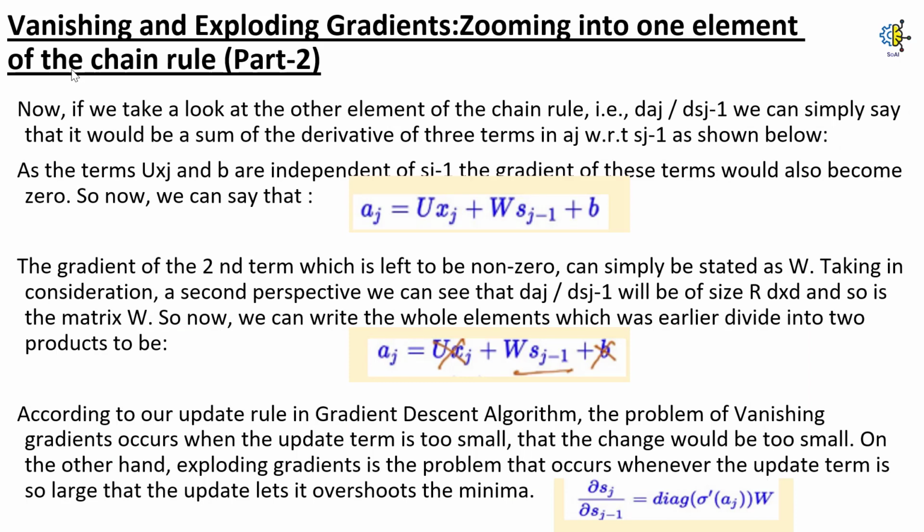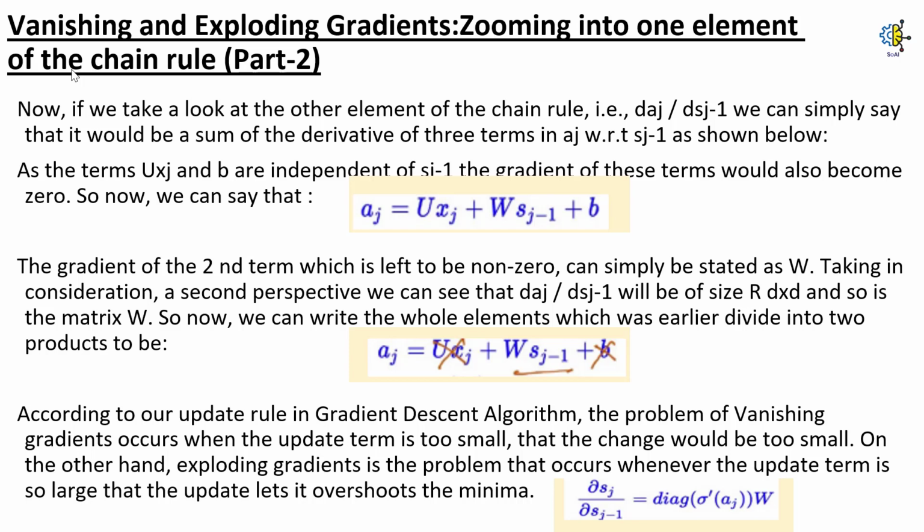Now zooming into one element of the chain rule, part 2. If we take a look at the other element of the chain rule, that is daj by dsj minus 1, we can say that it would be a sum of the derivative of three terms in aj with respect to sj minus 1 as shown below. As the terms uxj and b are independent of sj minus 1, the gradient of these terms would also become 0. So now we can say that aj is equal to uxj plus w sj minus 1 plus b.